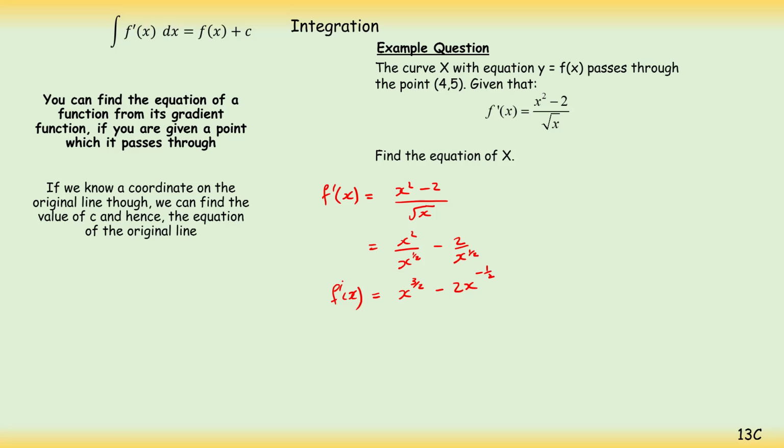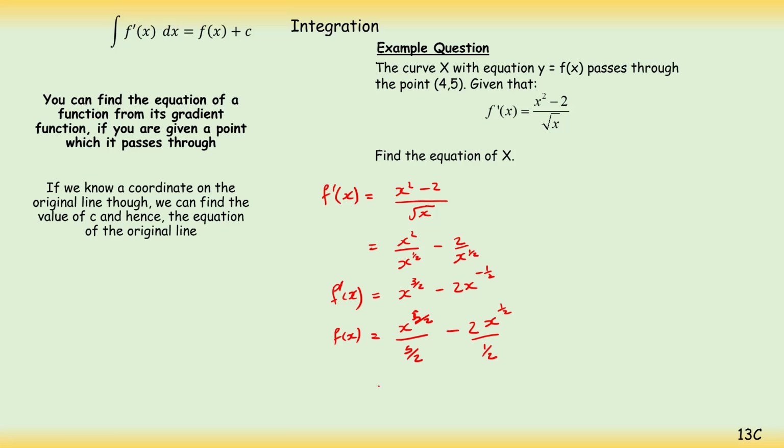So now we can find f of x. We integrate. f of x is equal to, add 1 to the power, gives us 5 over 2, so it would be x to the power of 5 over 2, divided by 5 over 2, minus 2 x to the power of, add 1 to the power, becomes a half, divide by a half.